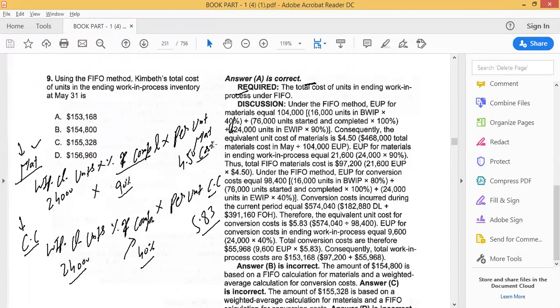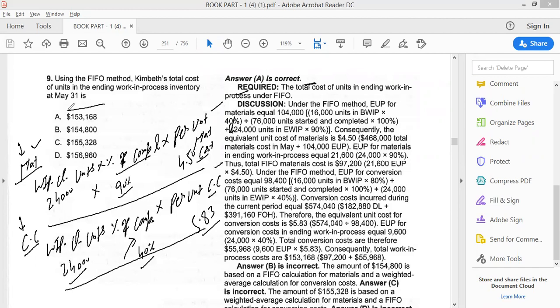Yes, students. Once you solve these two numbers, if we calculate this one, we will have one number, and if we calculate this one, we will have another, and we will have the answer 153,168. Alright, students, so this was the evaluation of work in process. Now, if we are having the values, we can calculate the value of finished goods inventory as well.